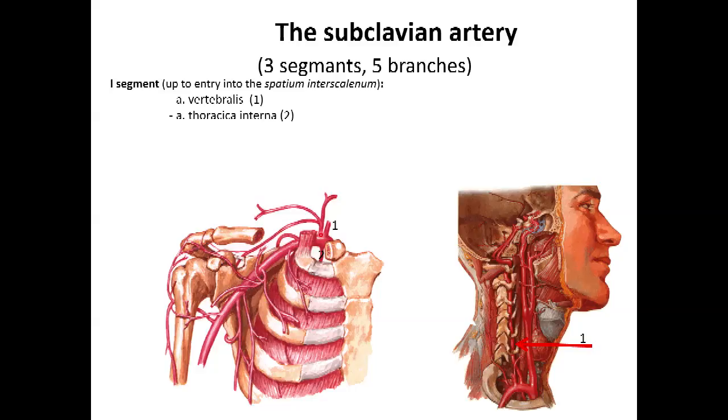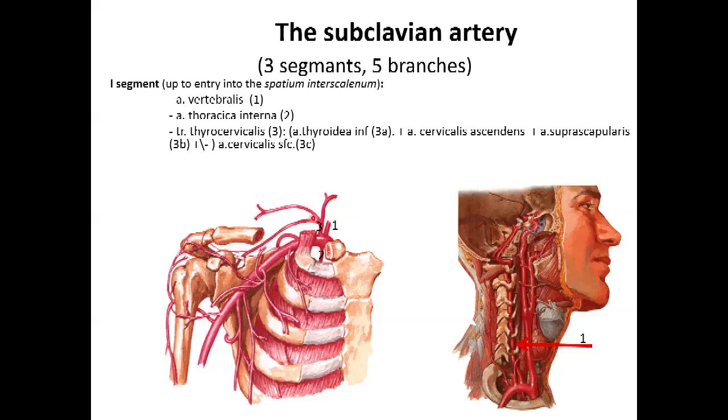So if we try to compare arteria vertebralis and arteria thoracica interna, they originate at the same level, but arteria vertebralis is directed upward and arteria thoracica interna is directed downward, so in opposite sides.